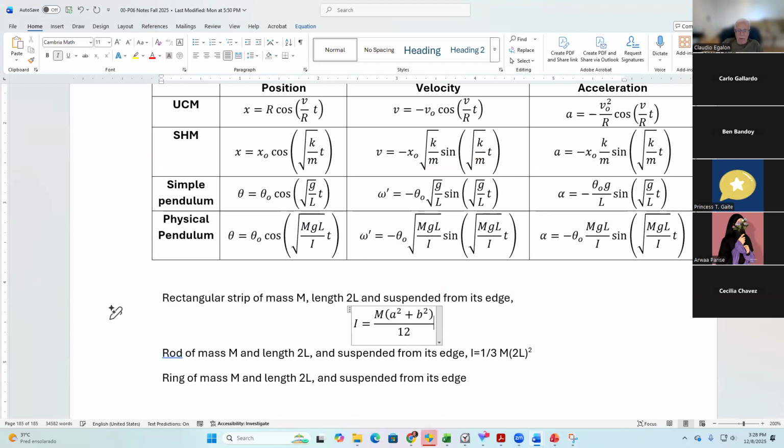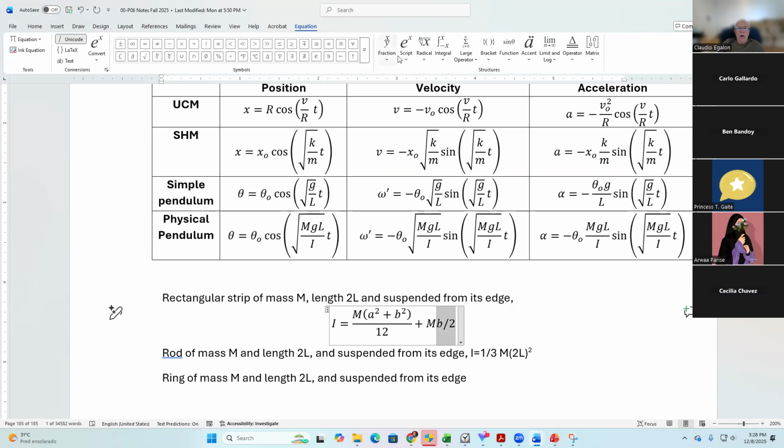But that is the moment of inertia going through the center of mass. If you want an axis that passes through the edge of the object, then you have to add m times the distance from the center of mass to the edge.